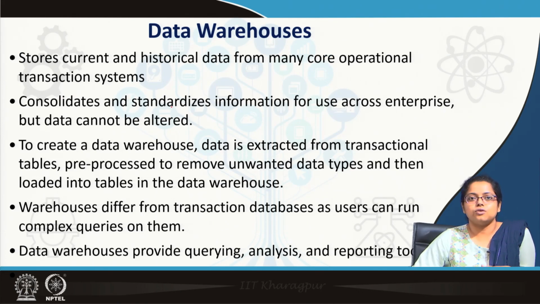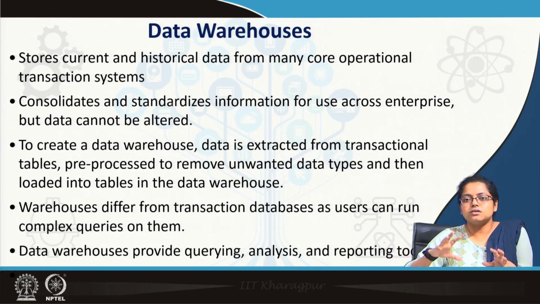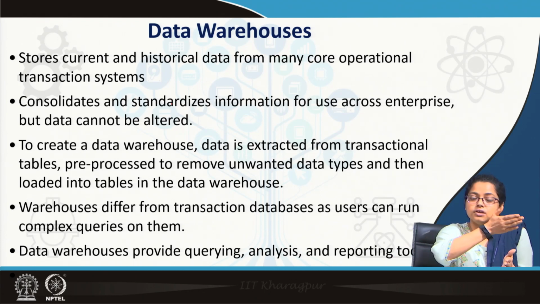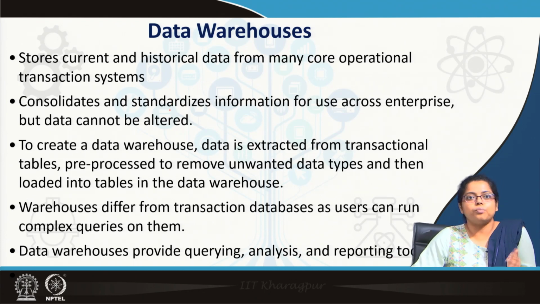what are data warehouses? Data warehouses store current and historical data from many core operational transactional systems. We have just mentioned that large organizations have multiple transactional databases. So, a data warehouse stores current as well as a lot of historical data from the core operational transactional systems.